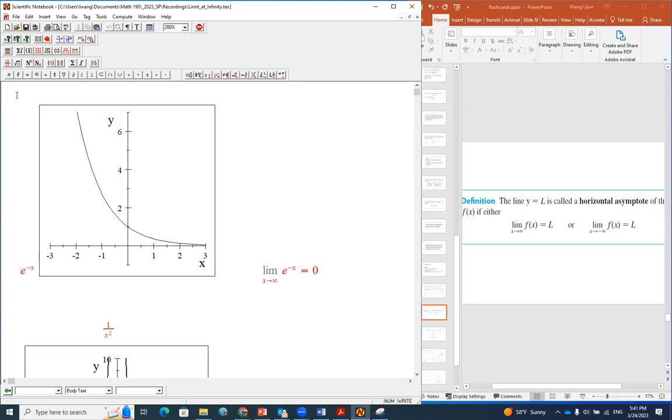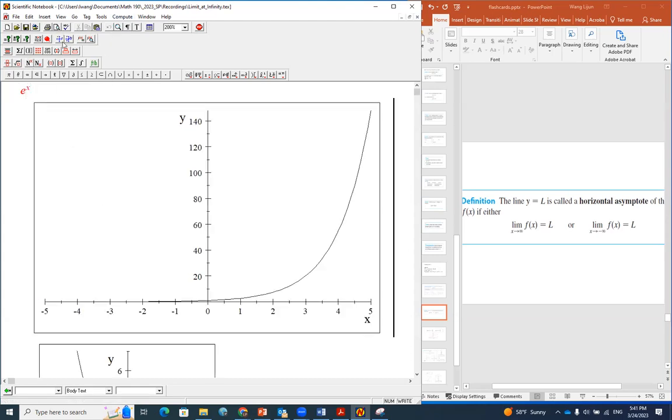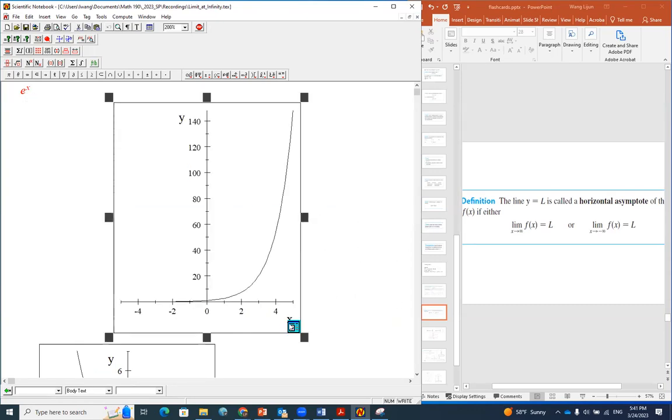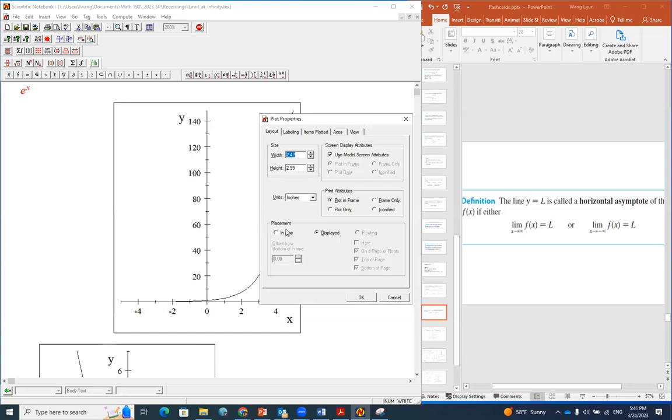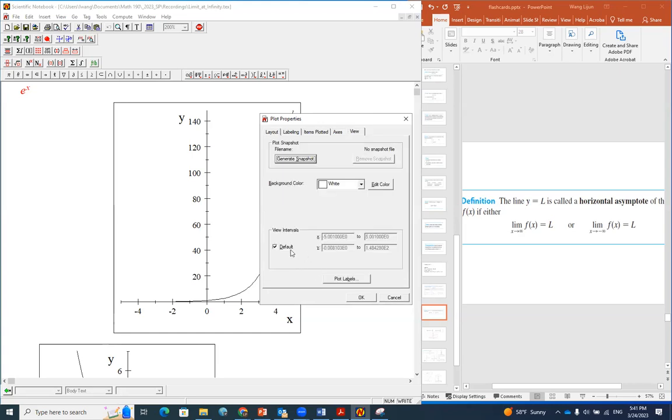So I'm going to graph e to the power x. That's the curve, right? I'm going to make some adjustments, from here to say 10.